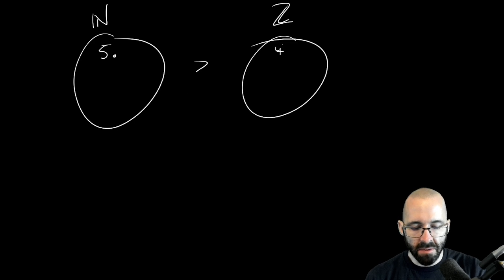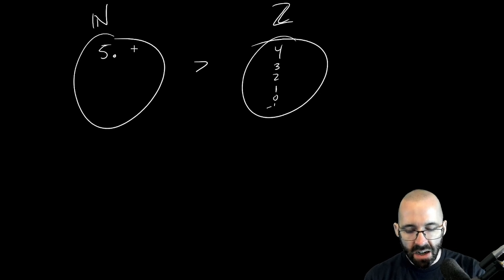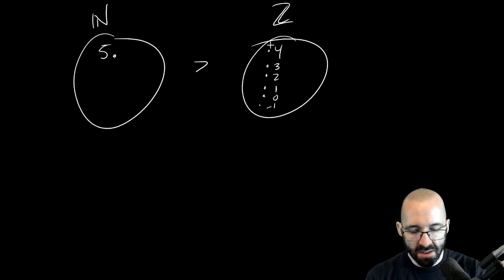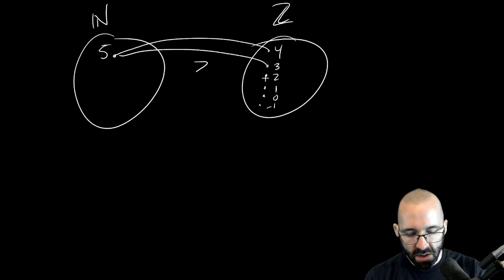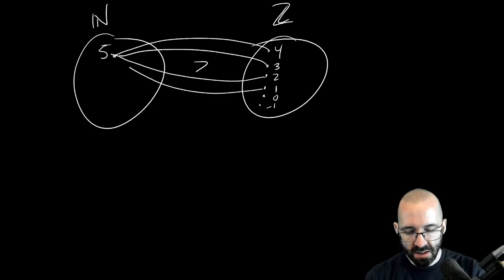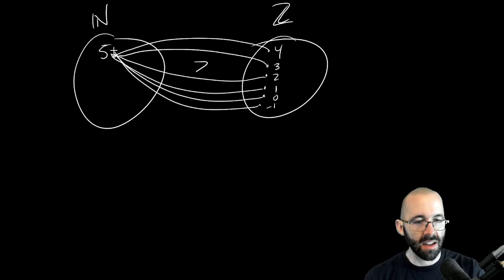Well, 5 is bigger than 4, it's bigger than 3, it's bigger than 2, it's bigger than 1, it's bigger than 0, it's bigger than -1. 5 is related, just putting little dots to show these things, to all of these things. 5 is related to infinitely many things here, if the relation that we're talking about is the greater than sign.